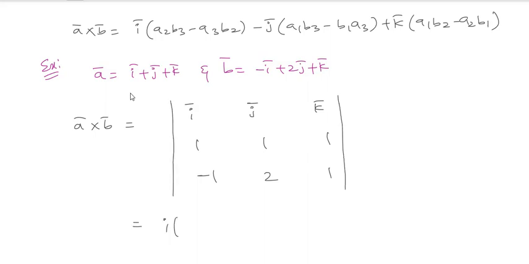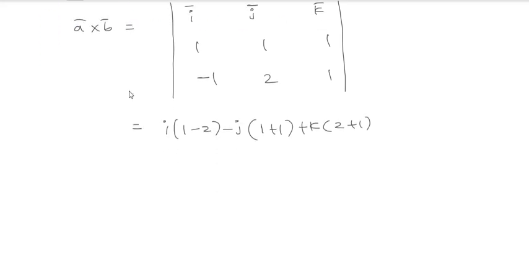You will have I bar into (1 minus 2), next minus J bar into (1 plus 1), next K bar into AD minus BC, which is 2 plus 1. Am I correct or not?